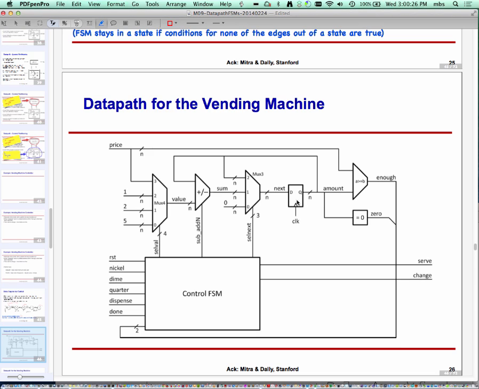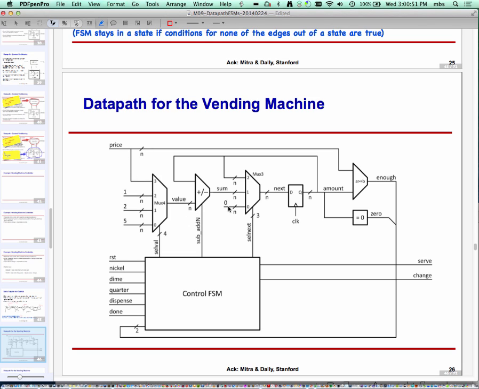I have a register out here, which maintains how much money the user has deposited or I owe to the user. I can reset it to 0, which is through this path. I can hold its value. I can increment, add or subtract to it some other value. I can also subtract the price from it.